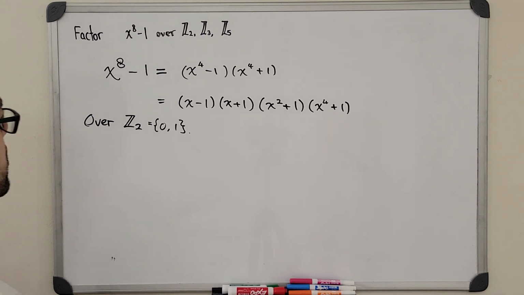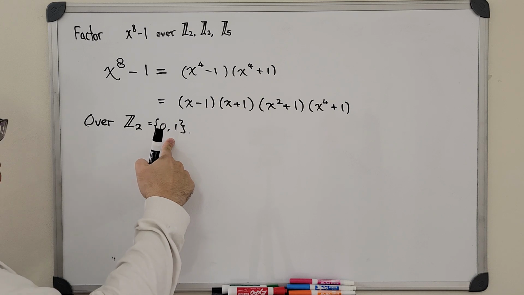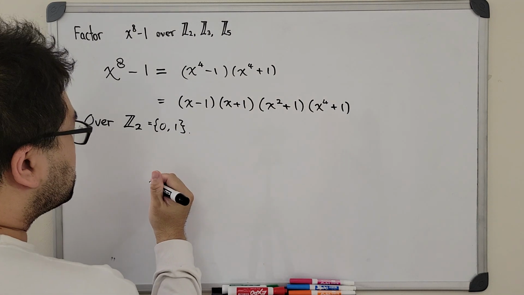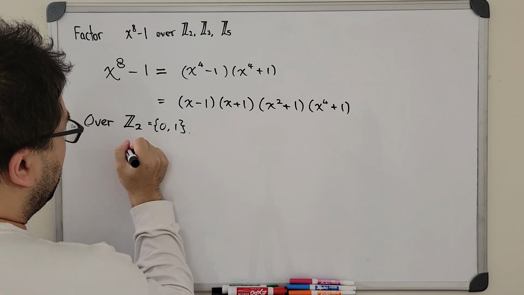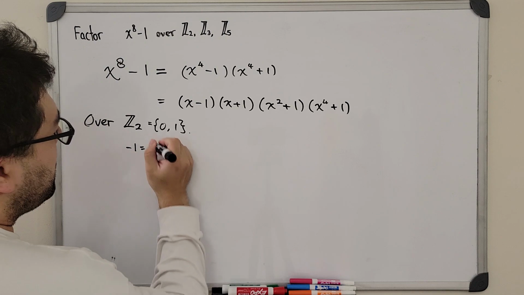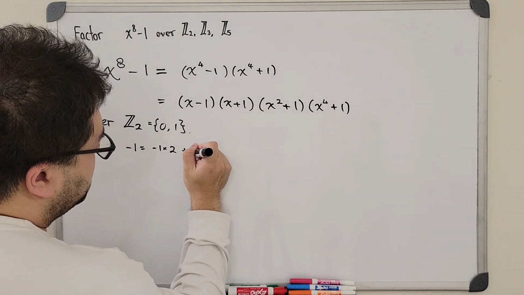If we see plus 1, then 1 divided by 2 is 0, remainder 1. But minus 1 can be written as negative 1 times 2 plus 1.